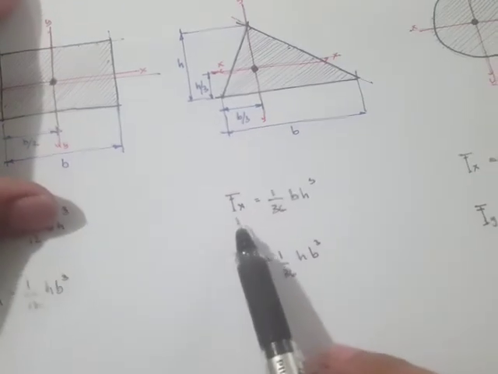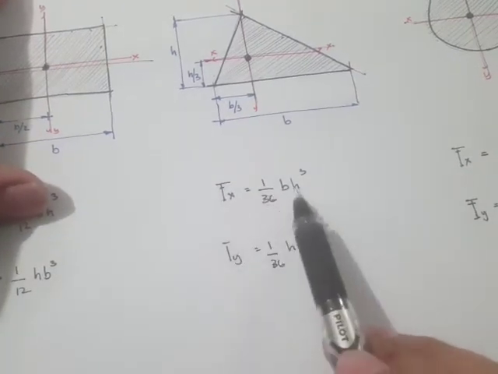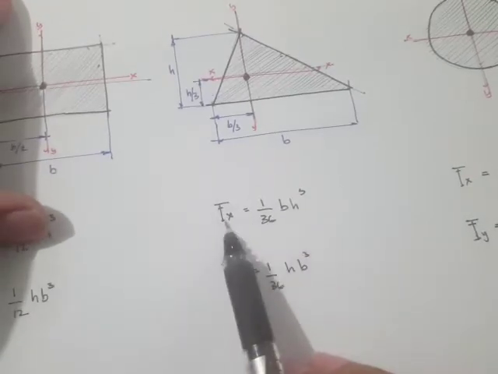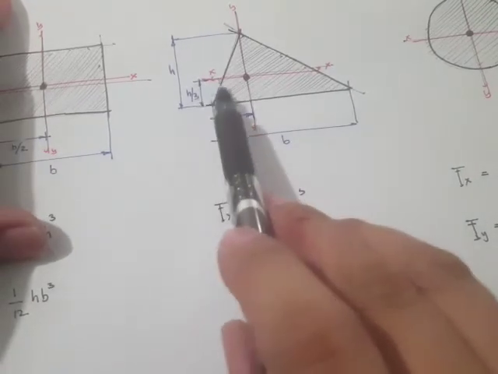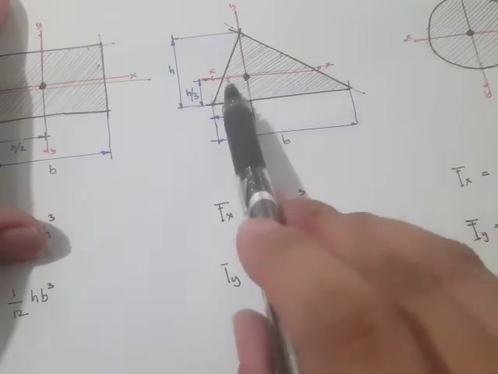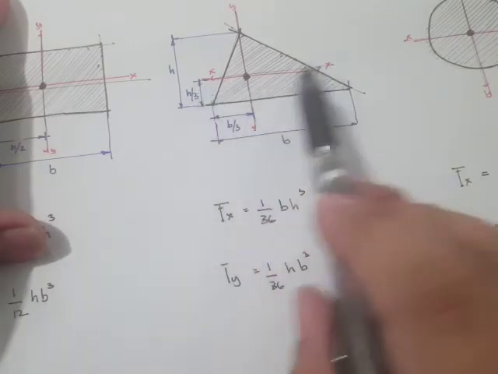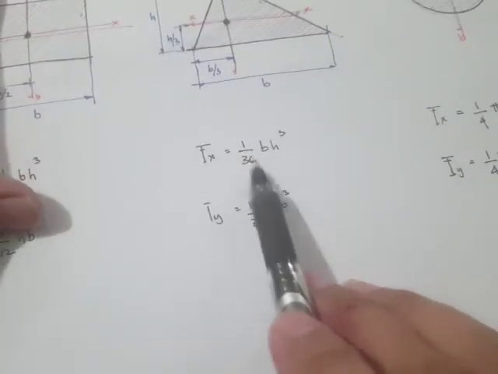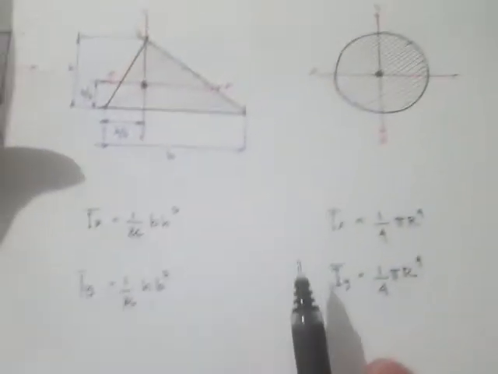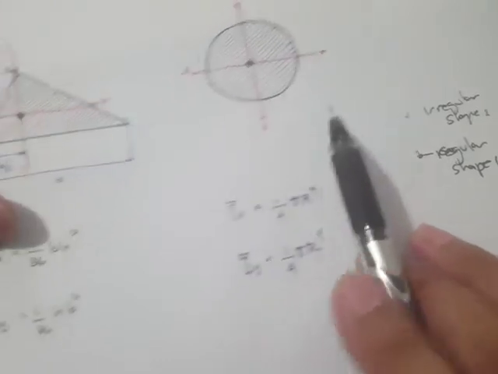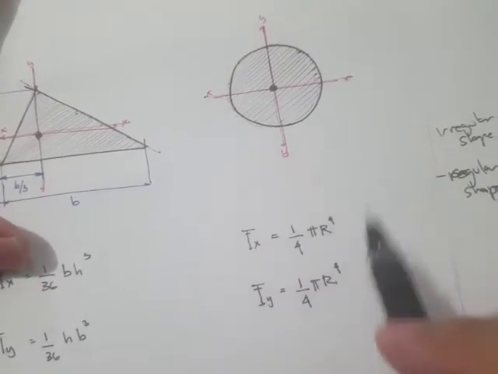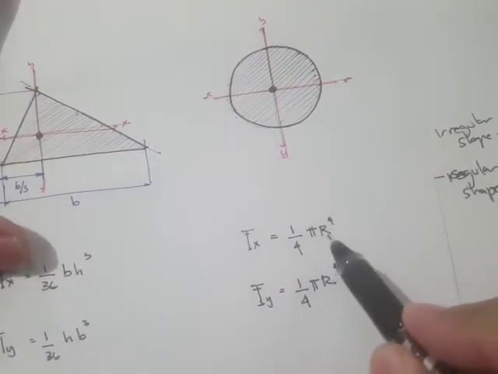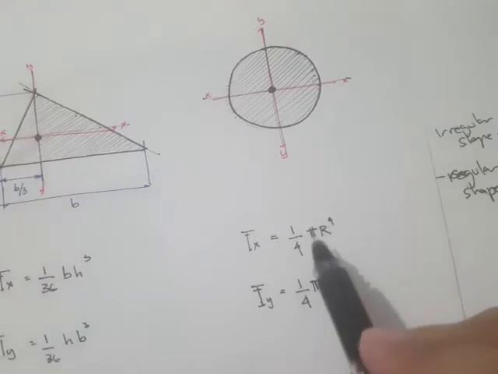Now, for the moment of inertia, we have 1/36, and also take note that this is the moment of inertia taken where the axis of rotation is along the centroid. So that's 1/36, and for a circle, we have 1/4 pi r to the fourth.